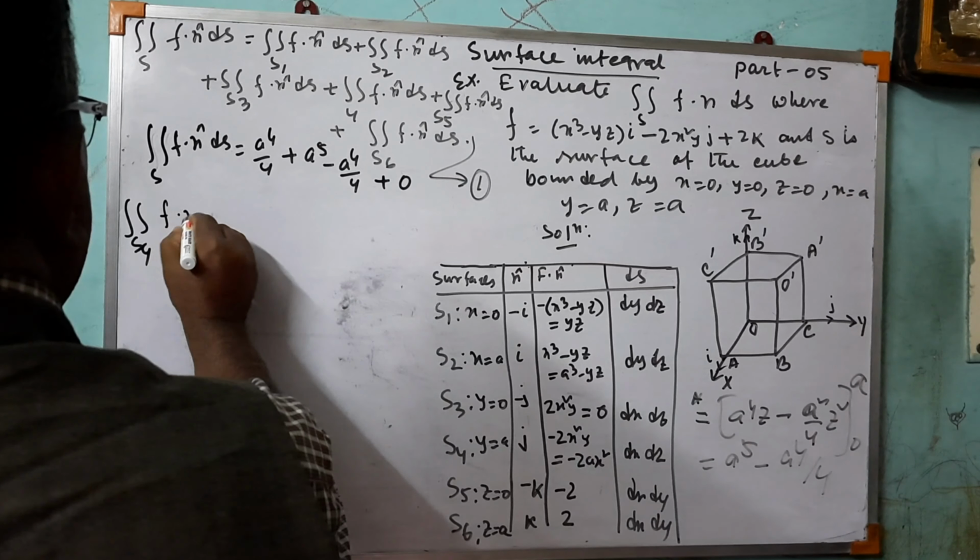value, that is minus 2 dz dx dz, from 0 to a, minus 2 dx dz.